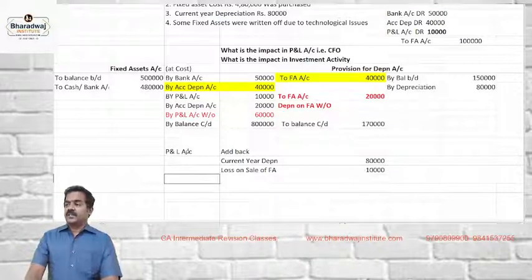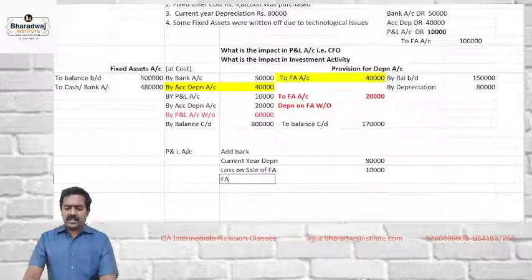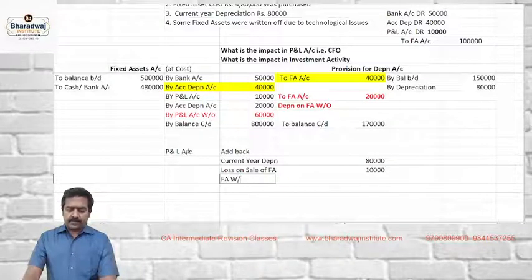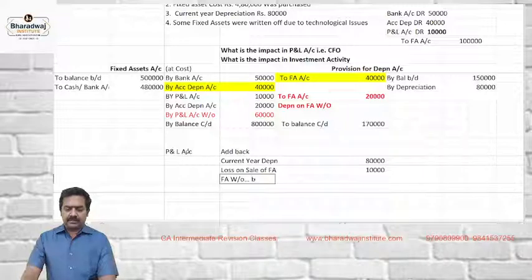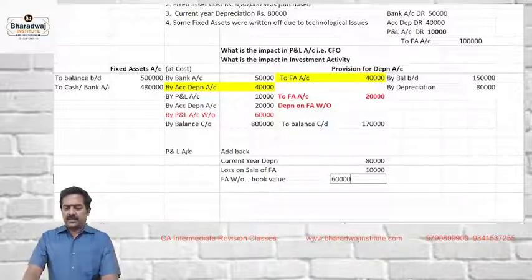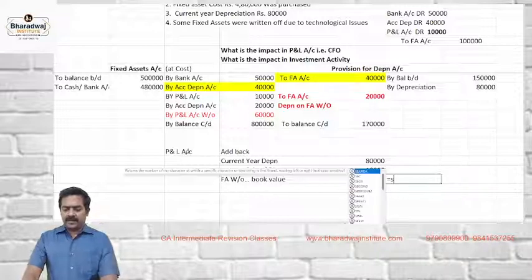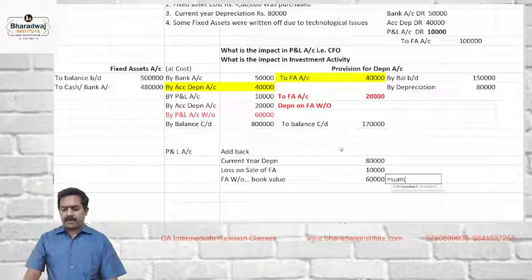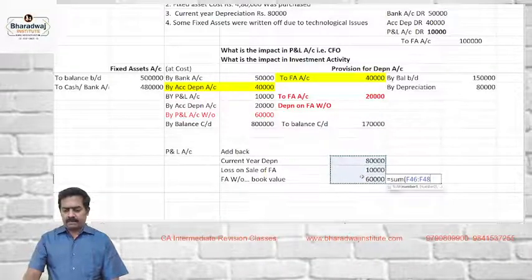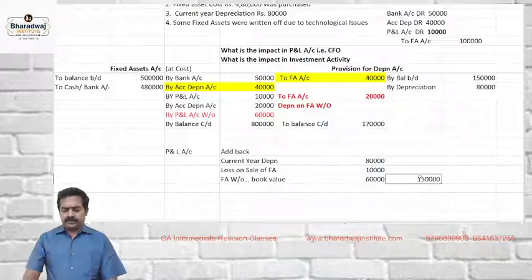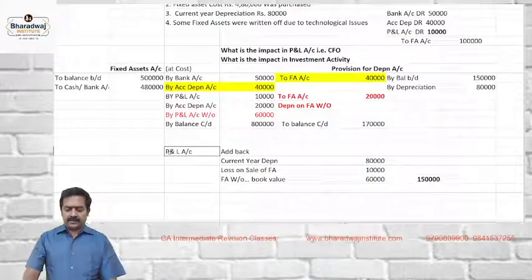Then fixed assets written off, that book value. What is the balancing figure? 60,000. So this much will be added back.